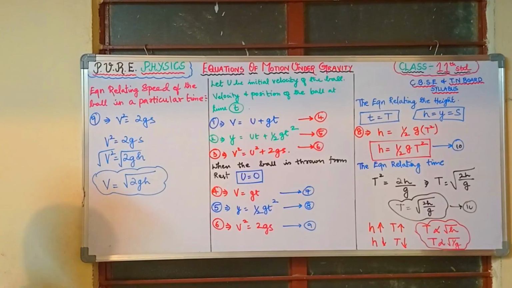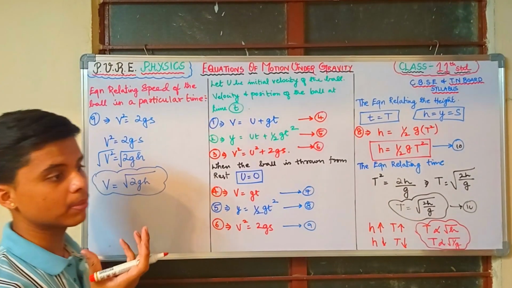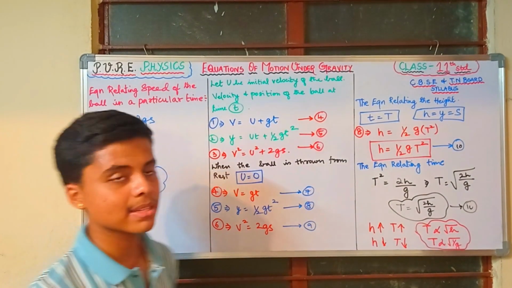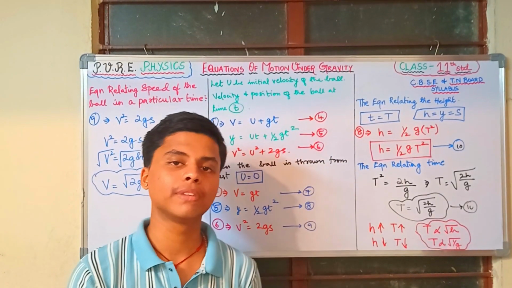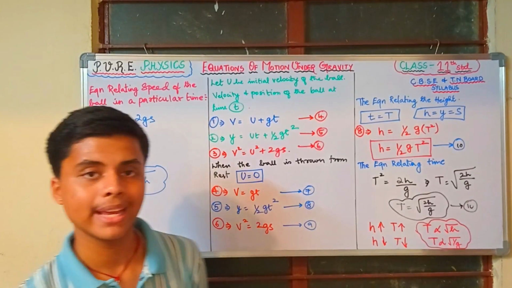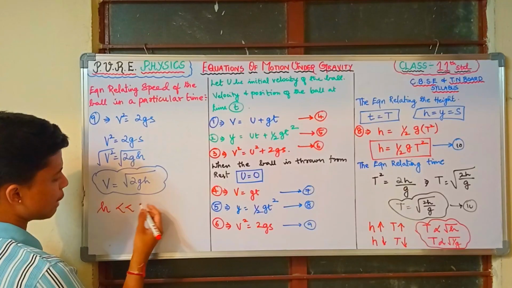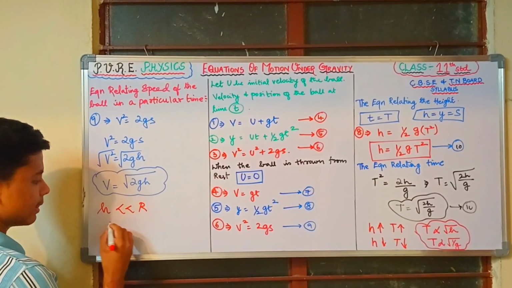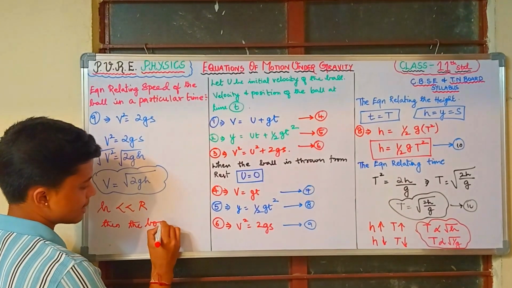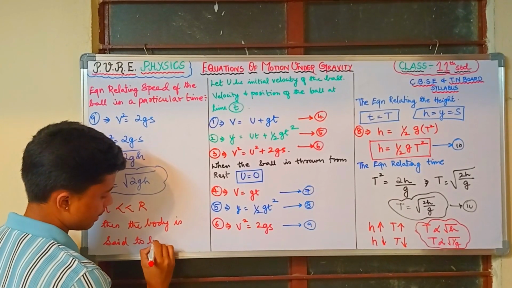And this equation here, consider the motion of a body which is falling from a small altitude, that is, it is falling to the surface of the earth from space, and the height of the falling body is much less than the radius of the earth. If my height is far less than the radius of the earth, then the body is said to be in free fall.